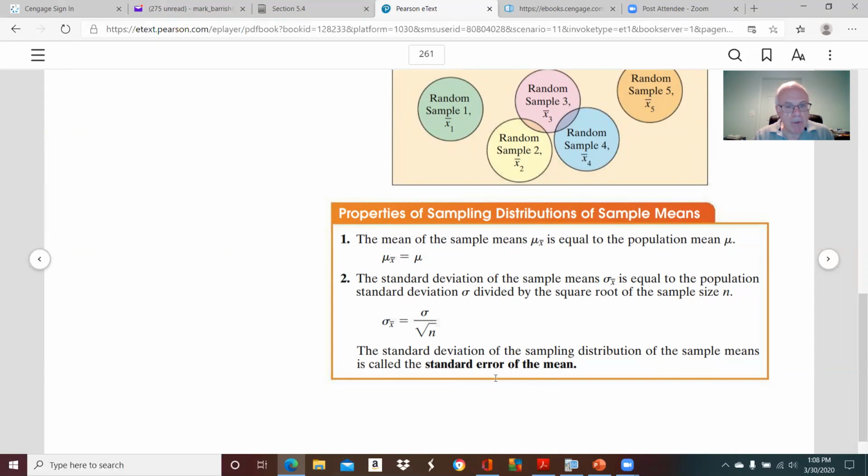For the Camden County students, you might see this on an upcoming quiz, called the standard error of the mean. Okay, so that's just a definition. All of you, even the Rowan students, should know that.